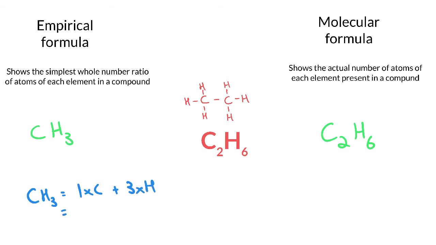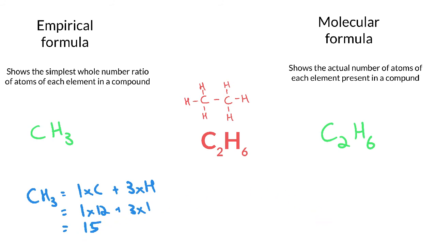So that should have an MR of 1 times 12 plus 3 times 1, which is equal to 15. But as I said earlier, we might be told that the empirical formula is CH3, but the MR should be 30. This clearly doesn't equal 30, so what must my molecular formula be?